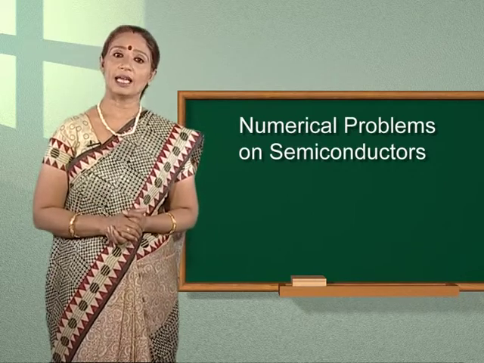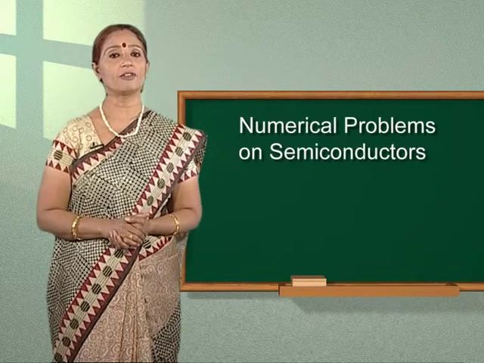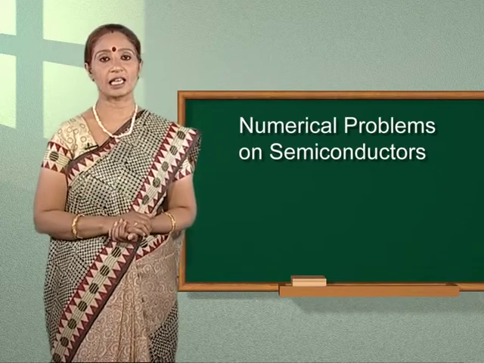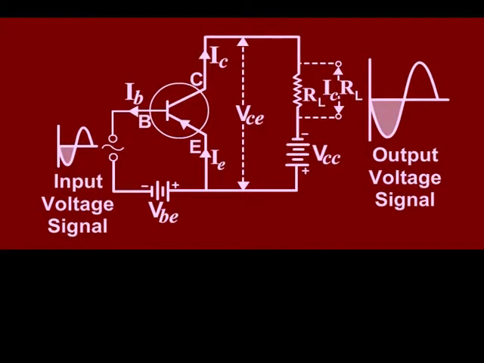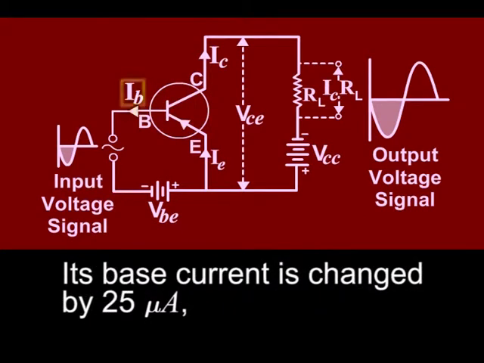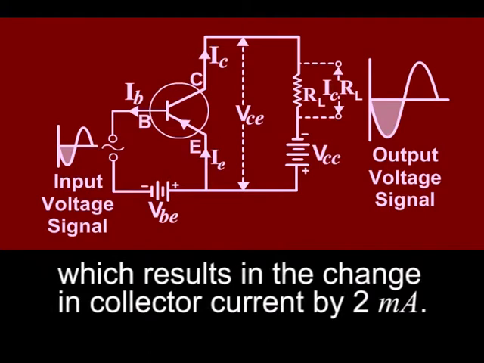Now let us learn to use these equations and formulas for problem solving as well. The input resistance of a silicon transistor is 500 ohm. Its base current is changed by 25 microampere, which results in the change in collector current by 2 milliampere.